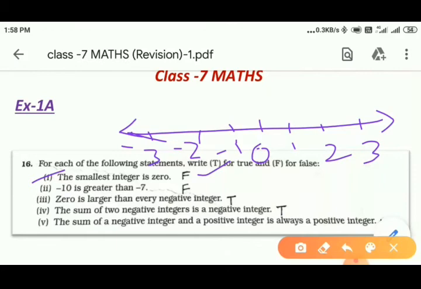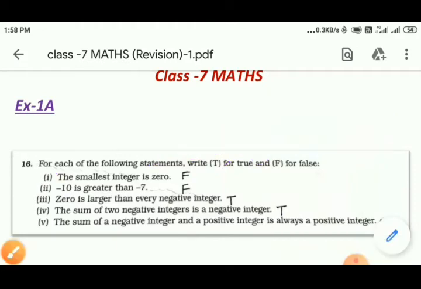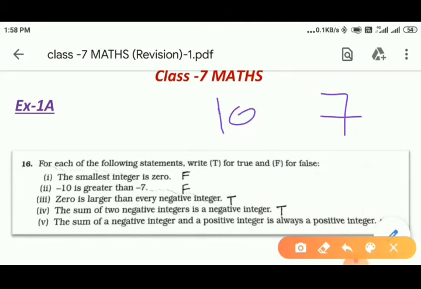It is a false statement. The second is: minus 10 is greater than minus 7. Let's try to understand this like that. Like we have 10 and 7. We all know that 10 is greater than 7. Now if I include a negative sign along with this, negative 10, negative 7, as you write the number with the negative sign, this sign will get inward.